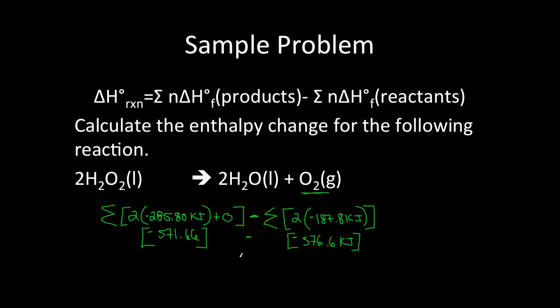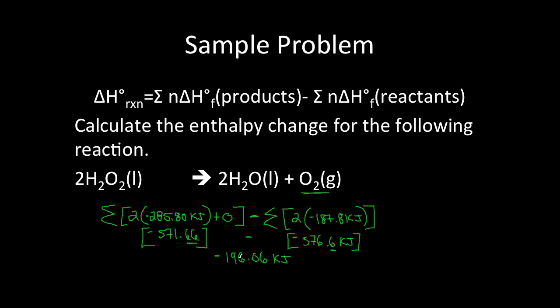I'm keeping my eye on my sig figs as I'm doing this. Multiplying and subtracting gets a little bit tricky, and so I notice that I have negative 196.06 kilojoules. And so it looks like I have 2 decimal places here and 1 decimal place here.